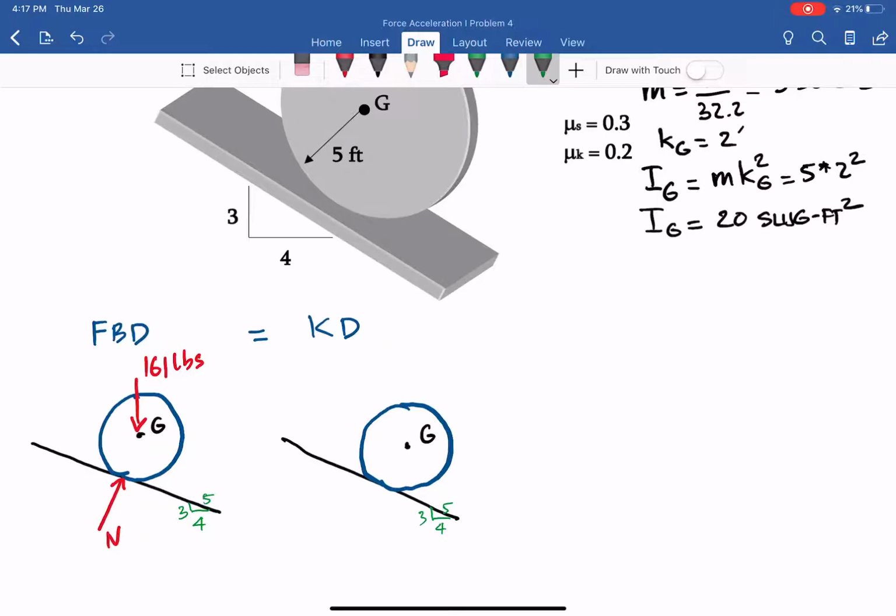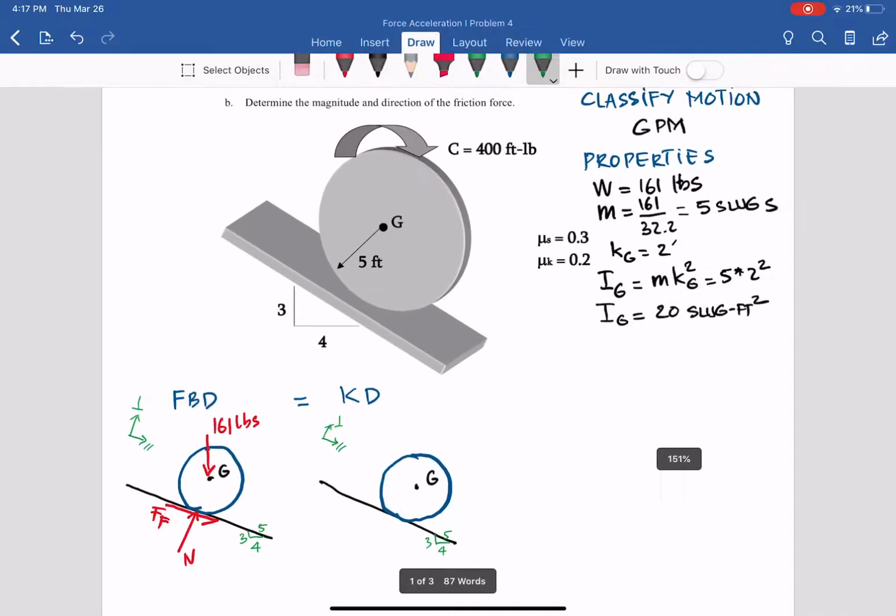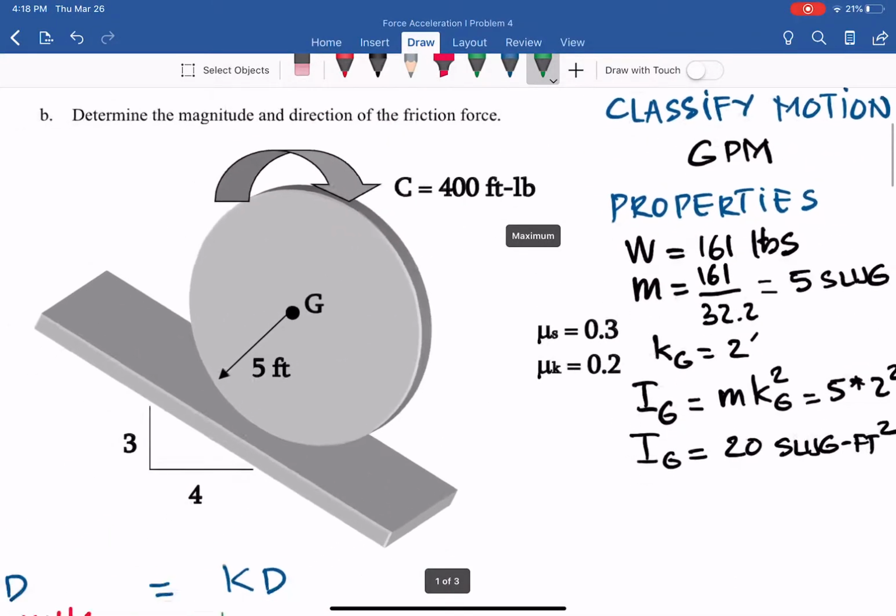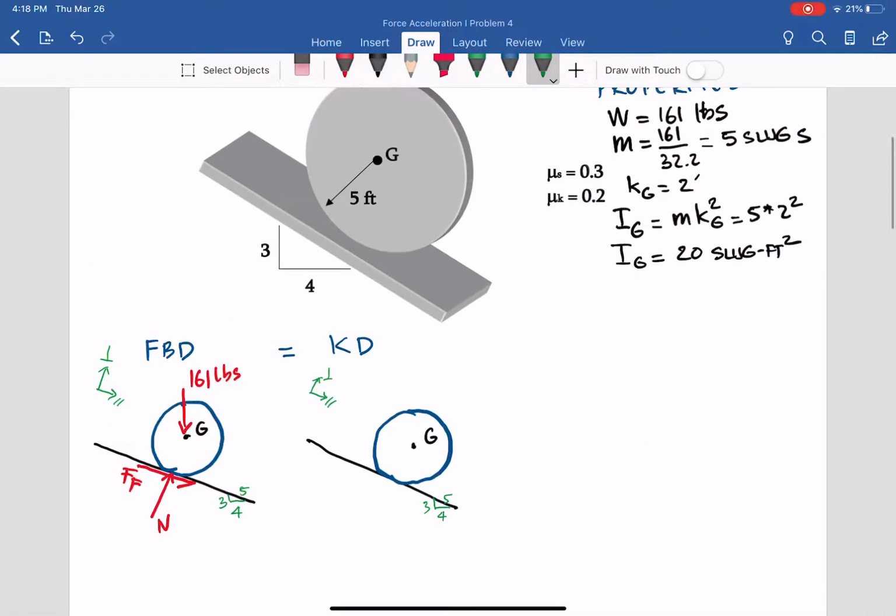We also have friction, assume we don't know, so you can assume friction going down. And because it's an inclined surface, you can assume the axes are parallel and perpendicular. And then they also have a couple, 400 foot-pounds clockwise.